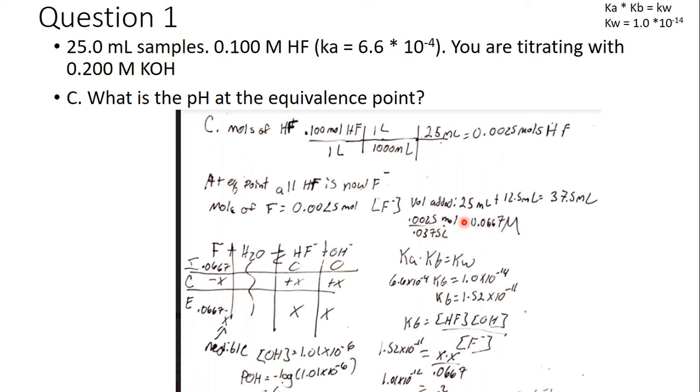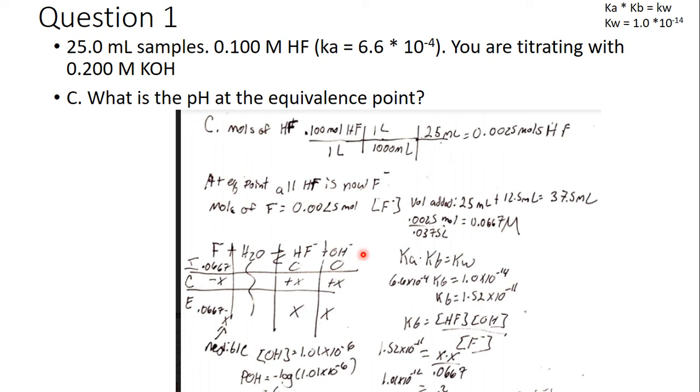That's the molarity of my weak base. And so base with water, F minus plus H2O, the base will take the hydrogen from water to make HF and create OH minus. So minus x, plus x, plus x.